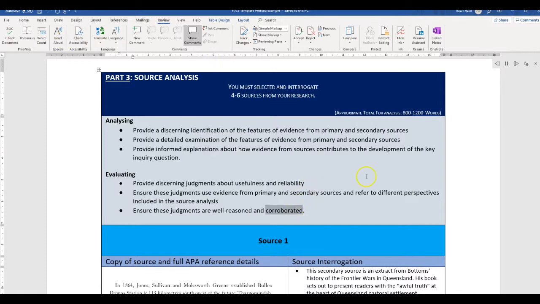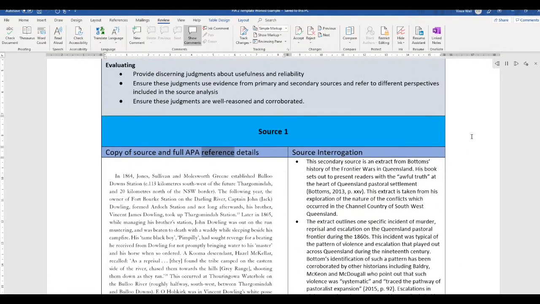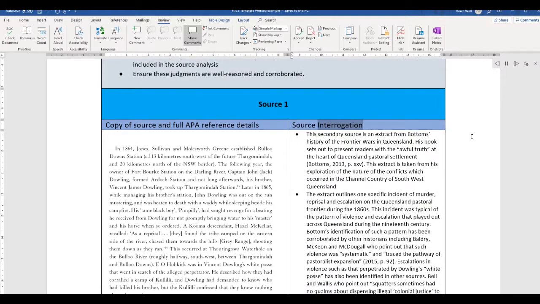Corroborated. Source 1. Copy of source and full APA reference details. Source interrogation.